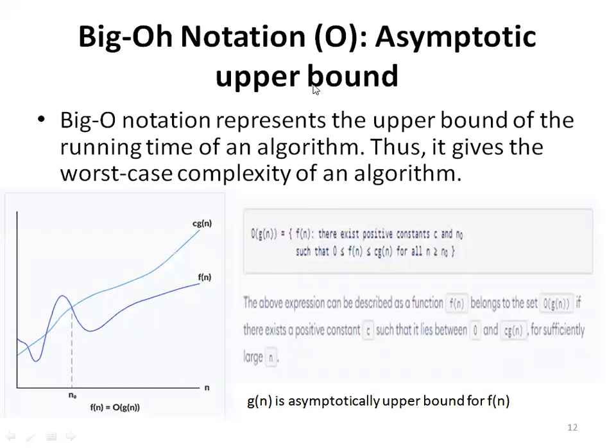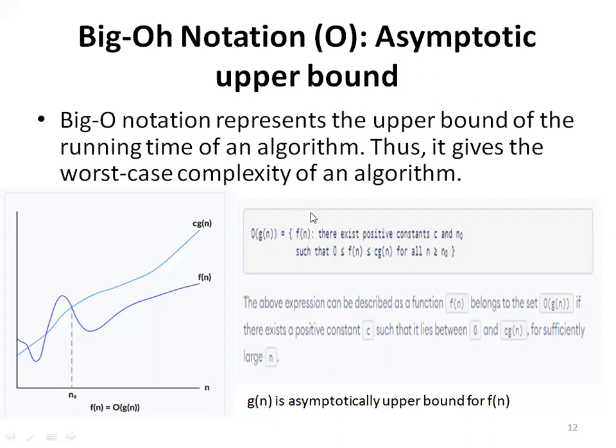So big O notation is used to define the upper bound of the running time and the space requirement also. But here in this case, I will only discuss the running time. I will find here the upper bound of the running time using this big O notation. So I am using a function f(n) for representing the time complexity of an algorithm.